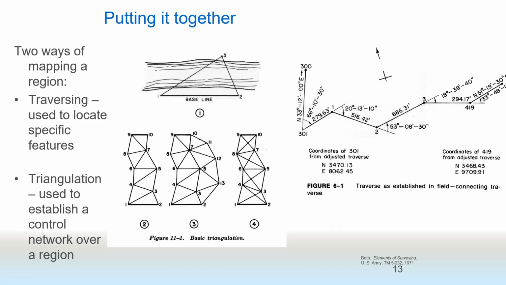Another option is very rare: trilateration, when we measure the distance of every side in every triangle.